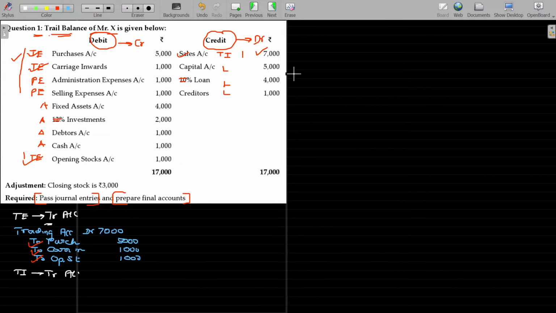So the sales account should be debited to the trading account, the value being 7,000.